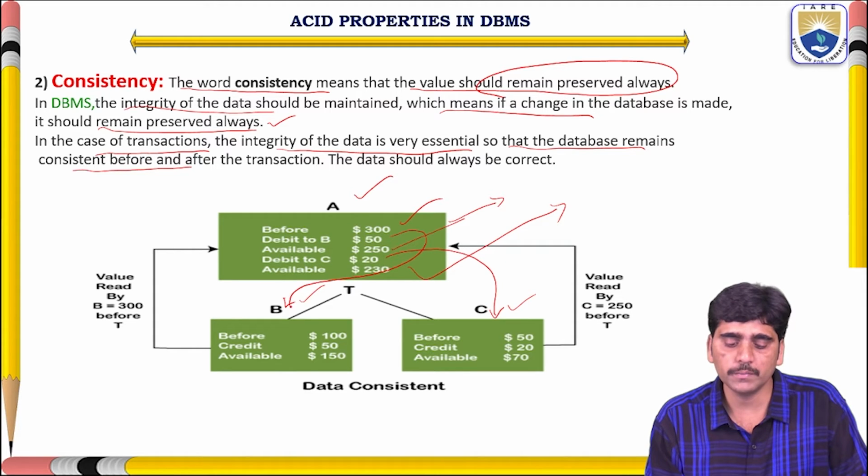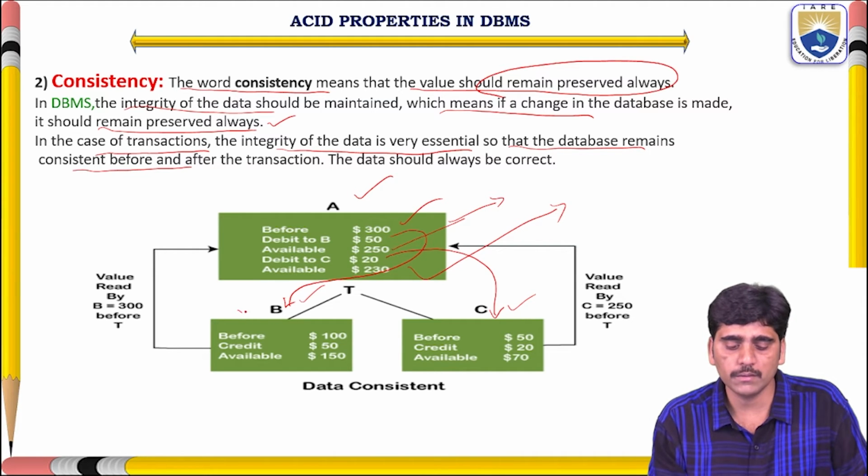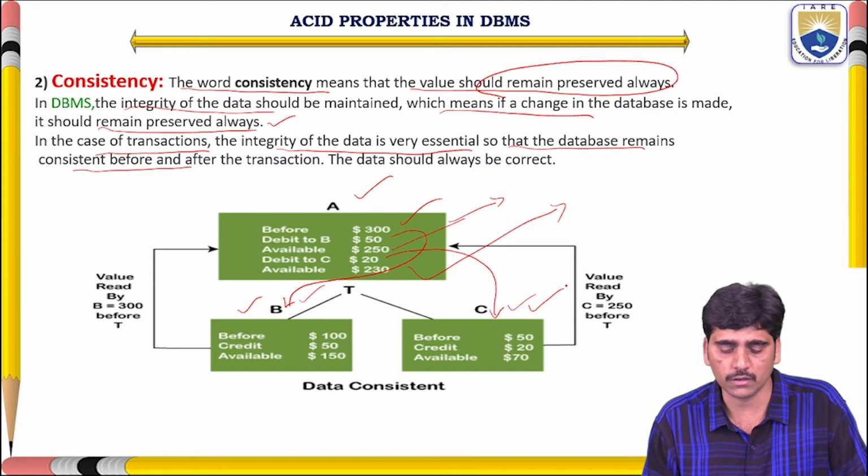He wants to perform two debit operations simultaneously. One is debiting 50 rupees and the second one is debiting 20 rupees to the C account holder.